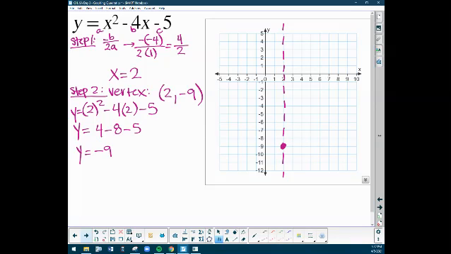Okay, next, step 3, is to find my y-intercept. That comes from my c value, 0, -5. Hey, it's the same as the last one. Plot, and then reflect, reflected across the axis of symmetry.